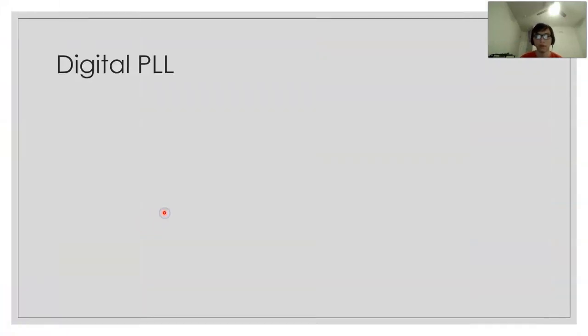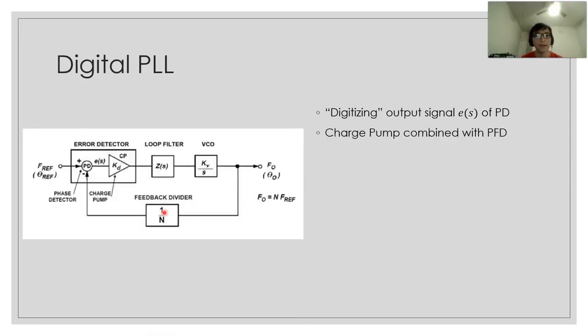So we all know there are some drawbacks that analog PLL has. So what if we can digitize it? Some basic idea of digitizing the phase lock loop is we find which one of the reference or the feedback signal to the phase detector is faster.